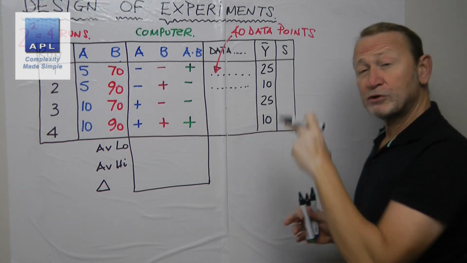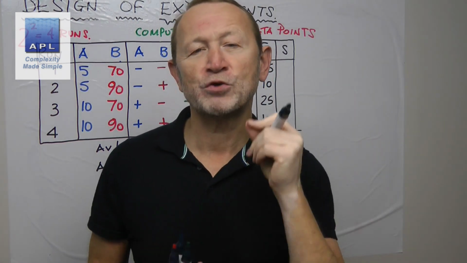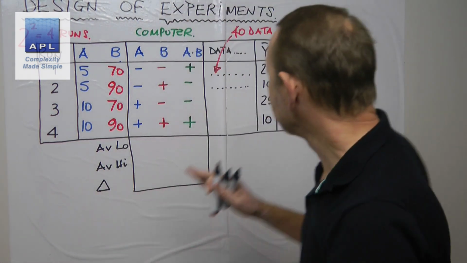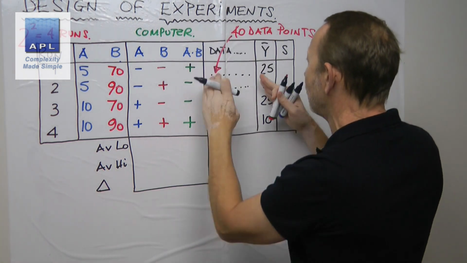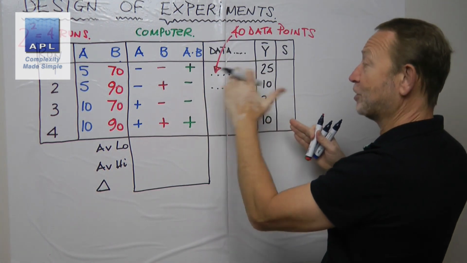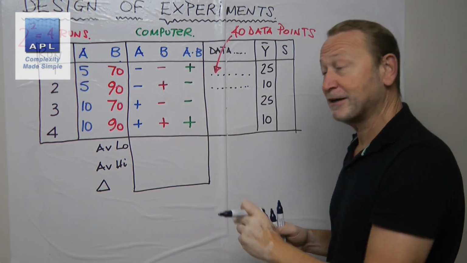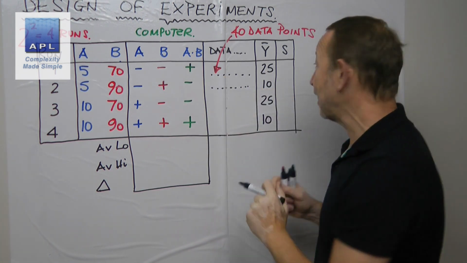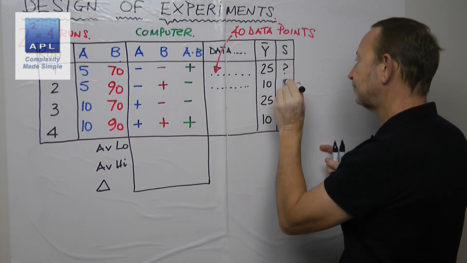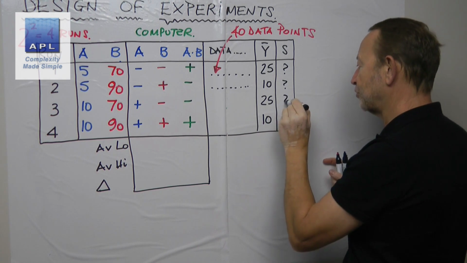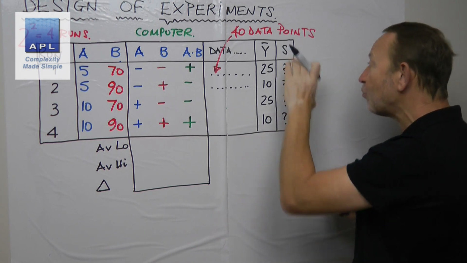You can also do the same thing for standard deviation. If there are 40 data points, there are obviously going to be 10 data points across each row, so you work out the standard deviation for the 10. I'm not going to do those in this little example, but that's what would happen.